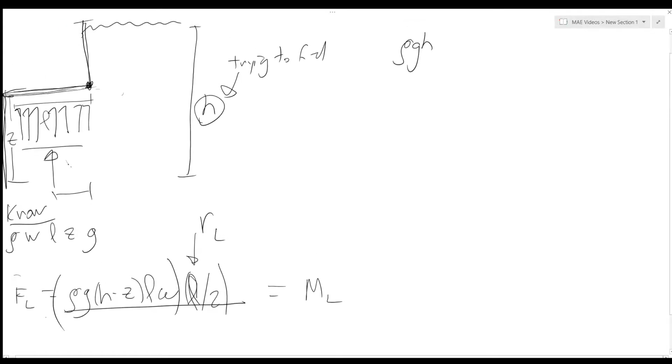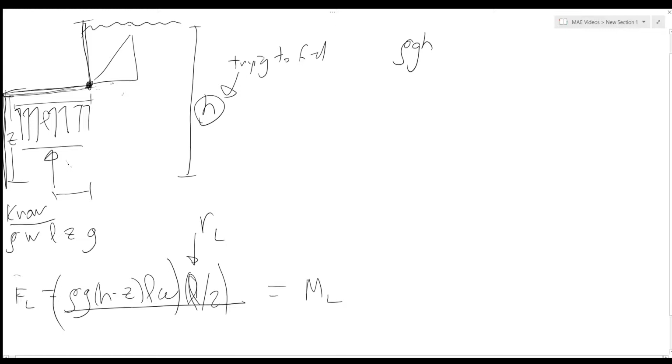And then we do the same thing up here, except we notice that this time the depth is changing. As depth is changing, we get a directly proportional change in the pressure, where the pressure at the very top of this is 0. Pressure at this very bottom part is rho g (H minus Z).